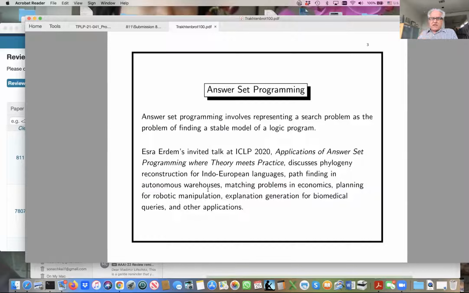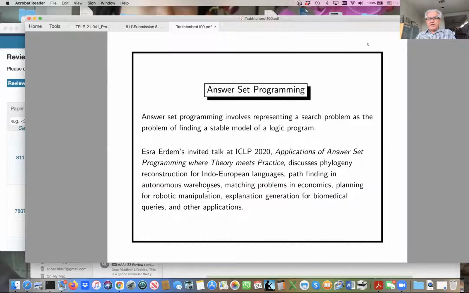The idea of answer set programming is that when you have a search problem, you encode it as a logic program, so that the problem becomes the problem of finding a stable model of that logic program. And then you run an answer set solver to find the solution.